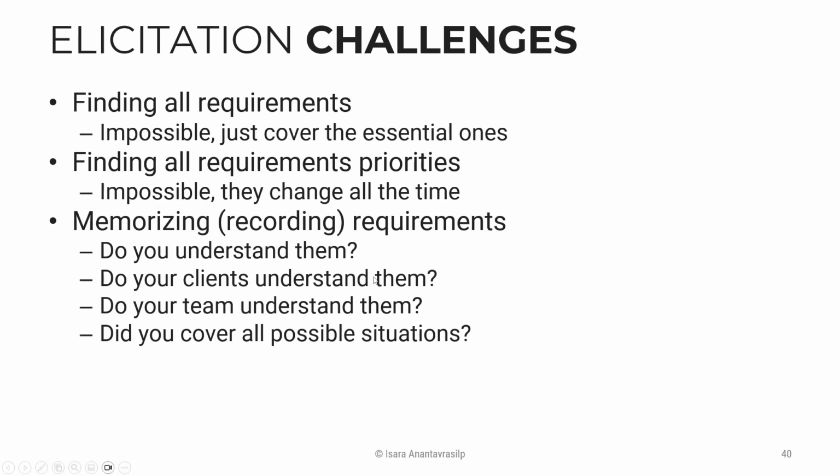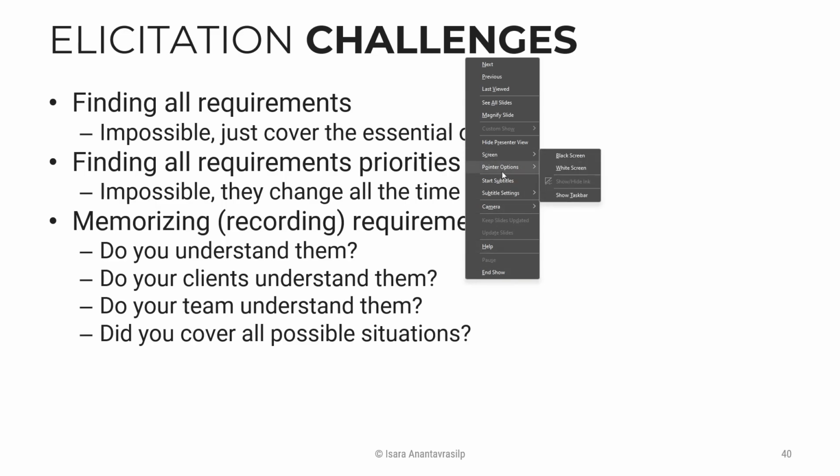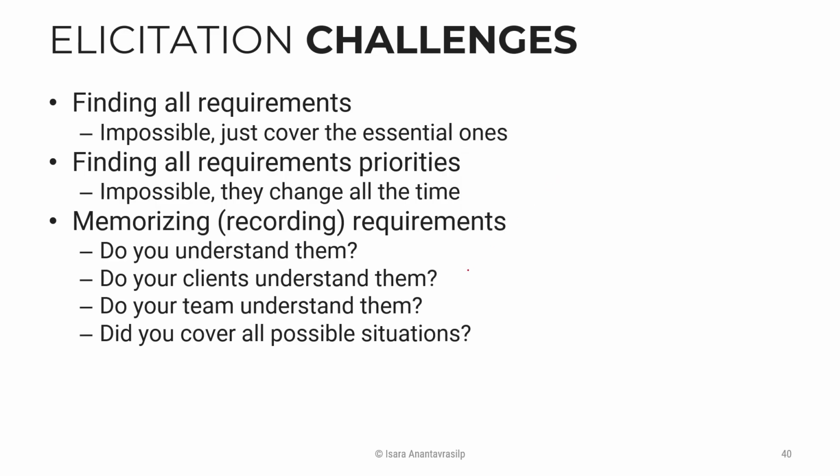Well, I can't give you the full answer right now on how you can make sure that your client and your team understand what you meant, but I can tell you one guideline. When you write something down in your document, if you want to make sure it is clear and clean, always use subject, verb, and object. Don't miss any of them.